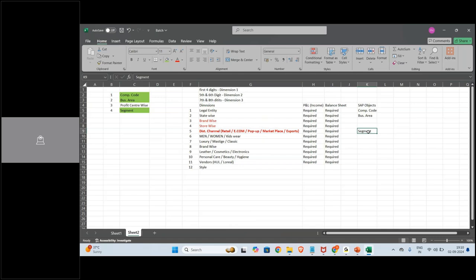Salary of a person, how will you distribute it across these distribution channel dimensions? This is where you will hold consultation with the team. You will have to arrive at an algorithm. In each transaction, how will you derive this particular distribution channel? That is where enhancements have to be written.